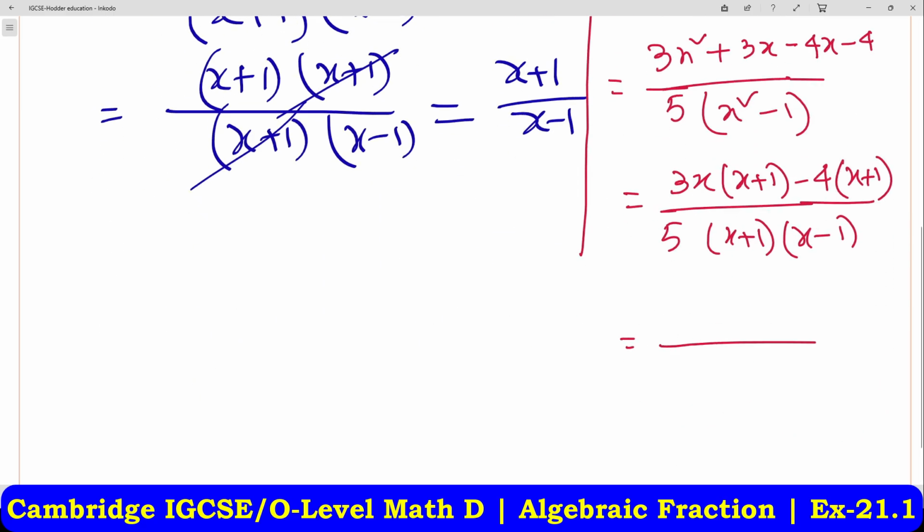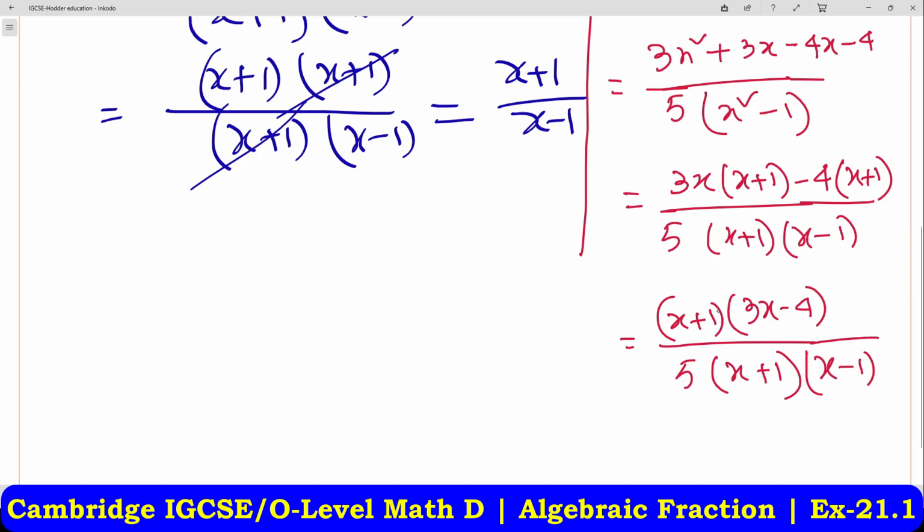And then here is a x + 1, and here is a 3x − 4. And finally we get 5 times (x + 1), and again x − 1. So we can divide this x + 1, x + 1. Our answer is (3x − 4) ÷ 5 times (x − 1).